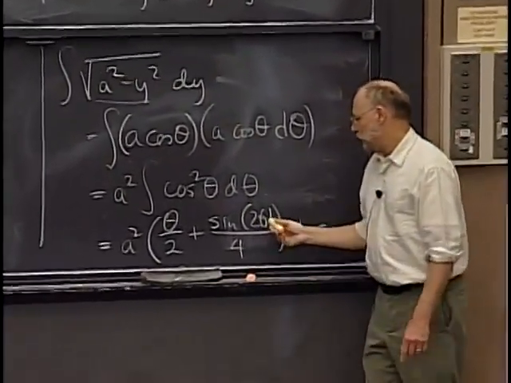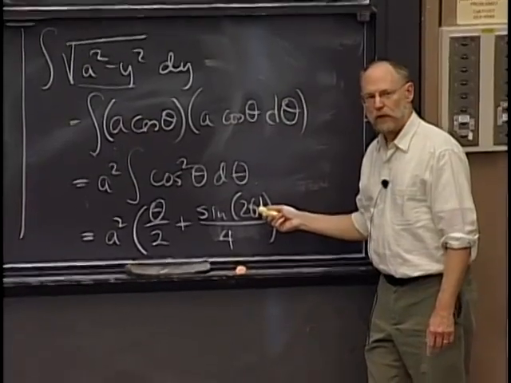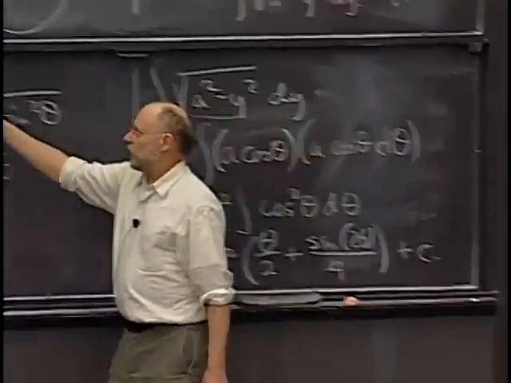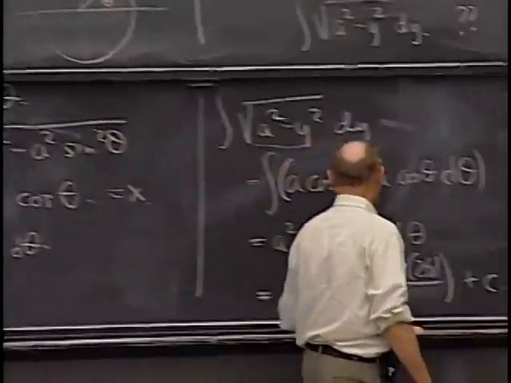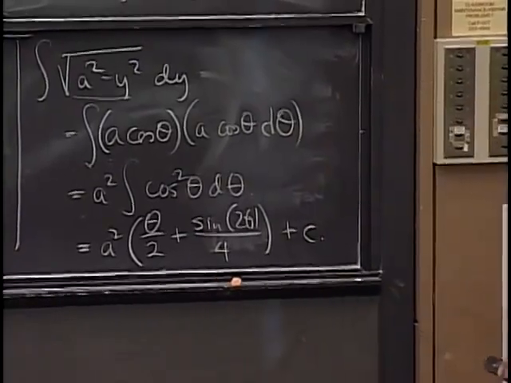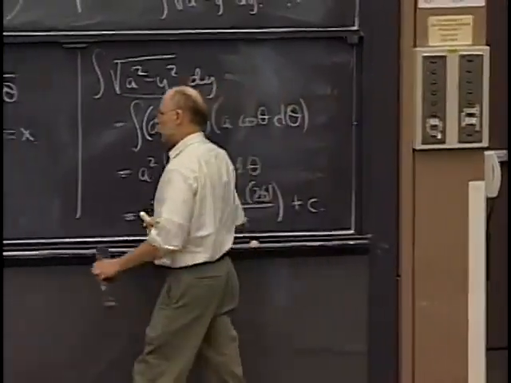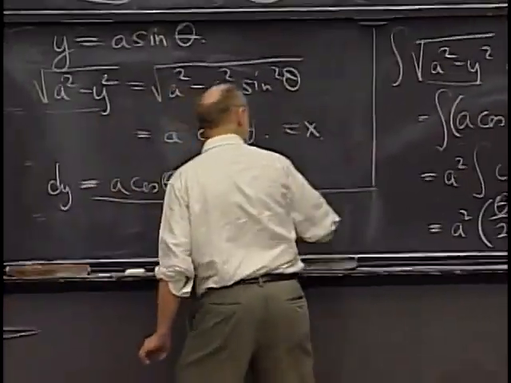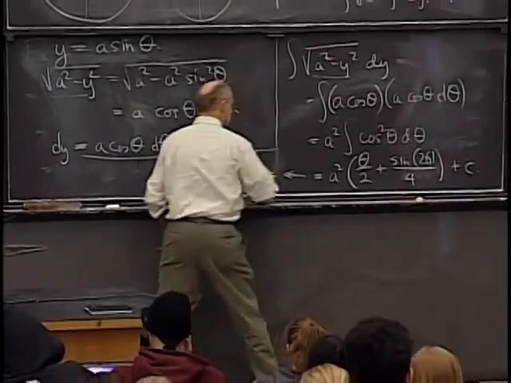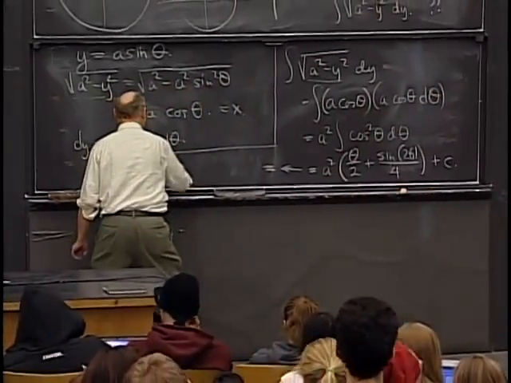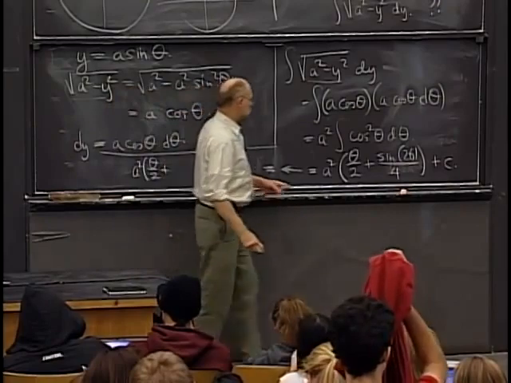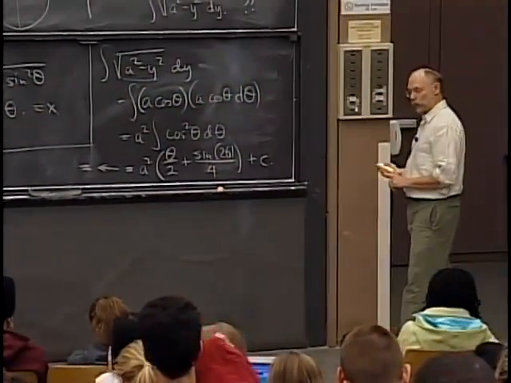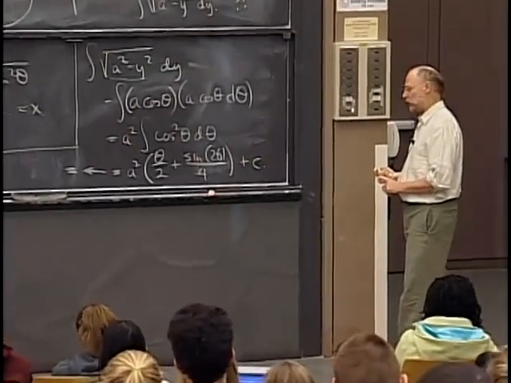In doing that, it's going to be useful to rewrite this expression and get rid of the sine of 2 theta. After all, the original y was expressed in terms of the sine of theta, not the sine of 2 theta. So let me just do that here, and say that this, in turn, is equal to a squared times theta over 2 plus, well, the sine of 2 theta is twice the sine of theta times the cosine of theta.